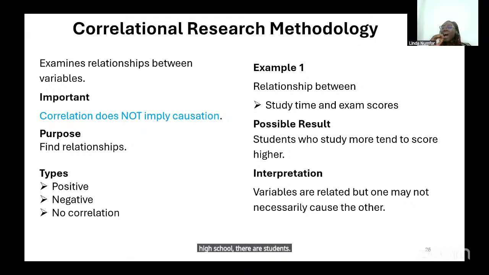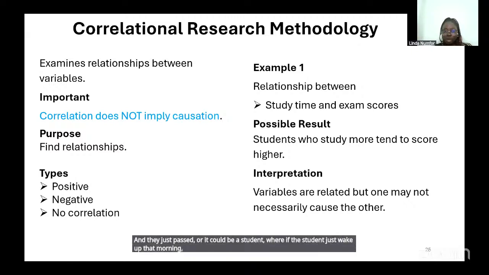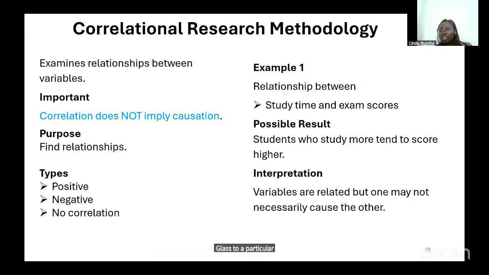There are students that have high IQ. They use less time to study and they just pass. Or it could be a student who just wakes up that morning, glances through a particular section, goes to the examination room, the questions from that section come in, and the student has a high score. So it does not necessarily have a causation that this is what will always happen.